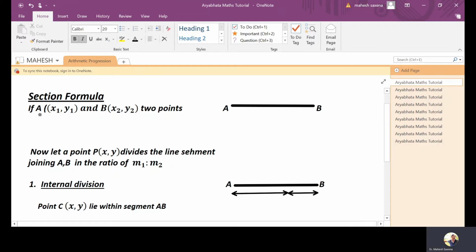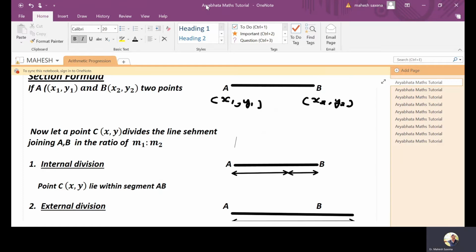Let a point A whose coordinates are x1, y1 and a point B whose coordinates are x2, y2 be given. Now the line segment AB can be divided by two methods.